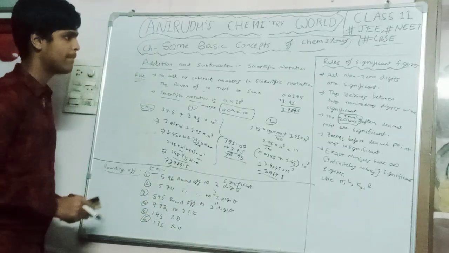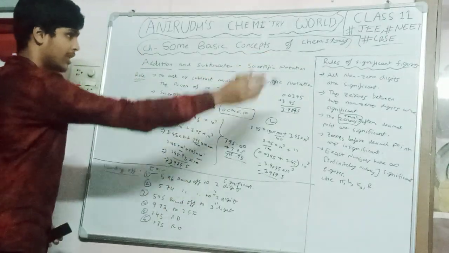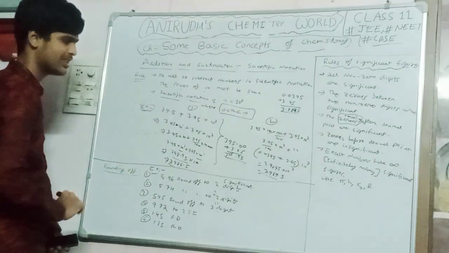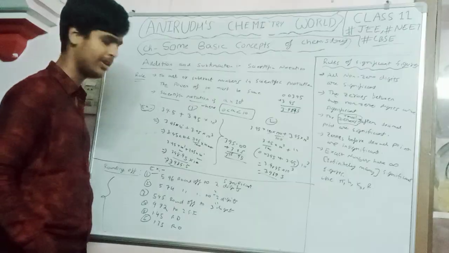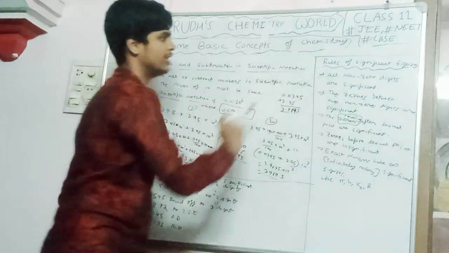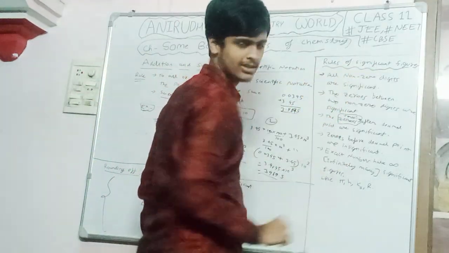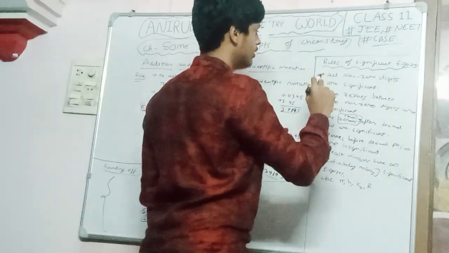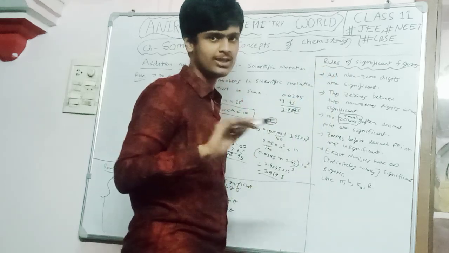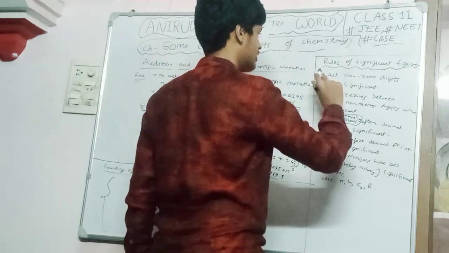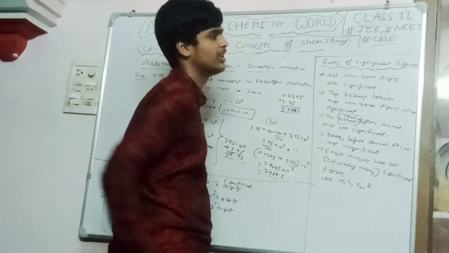Now let us see this. After significant figures, we will come to this. It's not that important. You generally know previously how to round off. But see these rules of significant figures. Basically, you don't need to understand the definition of significant figures. We need to only understand the rules of significant figures.